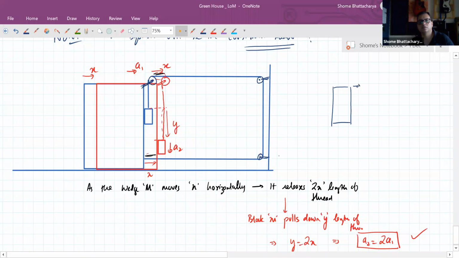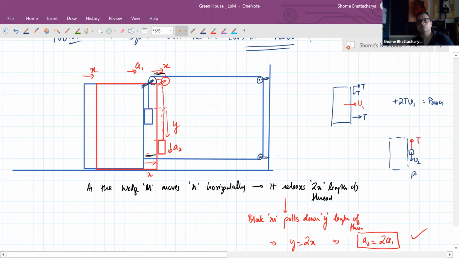Understand also that there are two horizontal tensions acting on this. So this is moving with v1. You can also understand by the virtual power method. So plus 2T v1 is the power here. Whereas for the block, there is tension T acting upwards and it has a downward velocity component of v2.